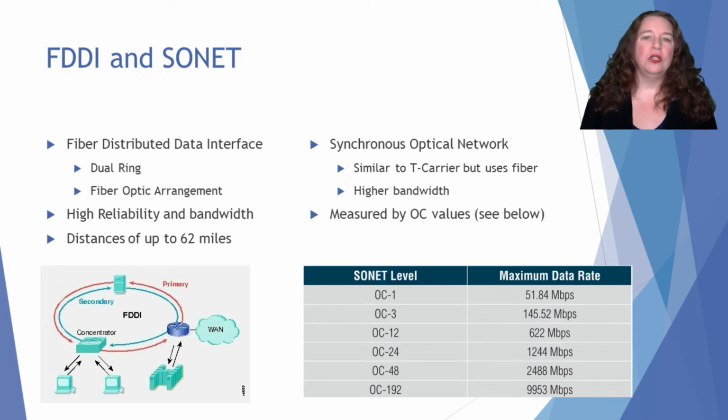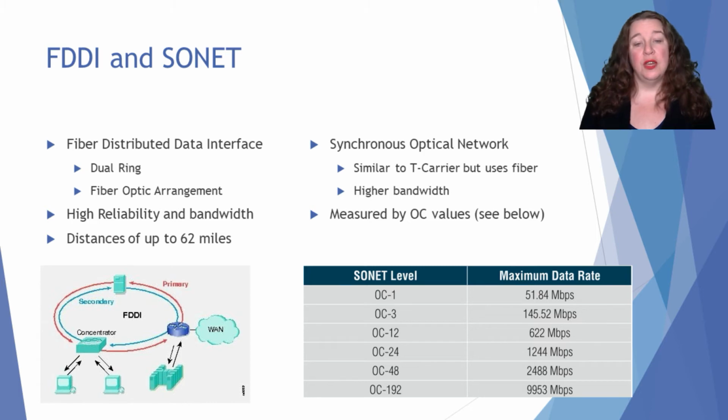Synchronous optical network, or SONET, is similar to your T-carrier, but instead of using twisted pair, it uses fiber. It has a higher bandwidth because it uses fiber, and it uses its own levels to describe its speed, similar to your T-carrier levels. Similar to T1, T2, T3, T4, in this case we have OC values: OC1, OC3, OC12, 24, 48, 192.